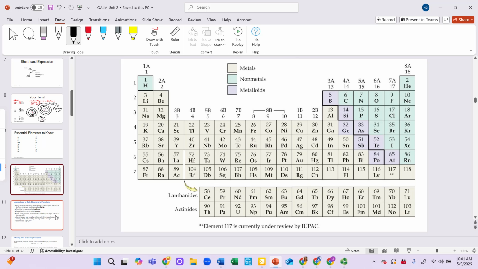So now we're going to go into a little bit more of how elements are laid out on the periodic table and how they're divided based on what type of substance they are in their elemental form. Most of the elements on the periodic table are metals, and metals have unique properties that result in them being charged or being able to conduct electricity.